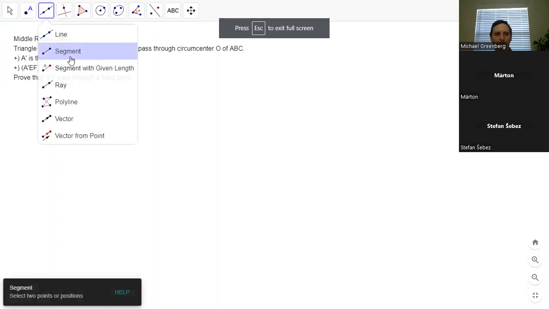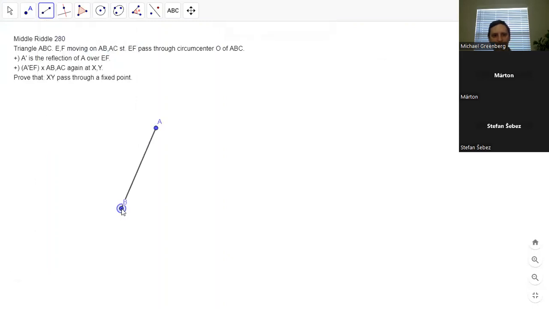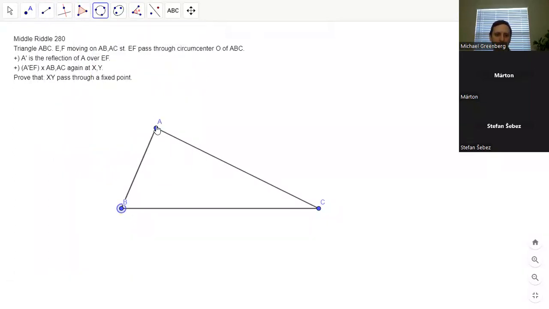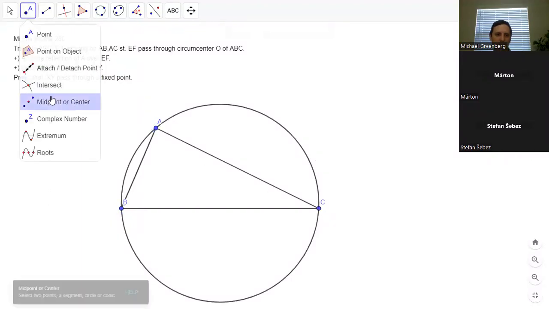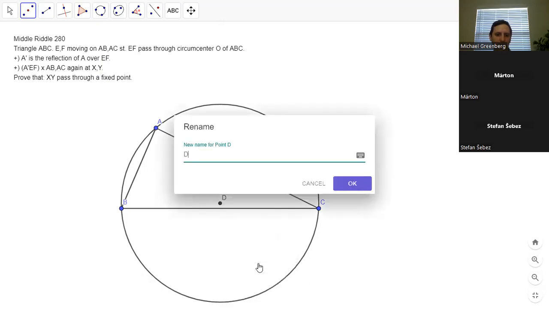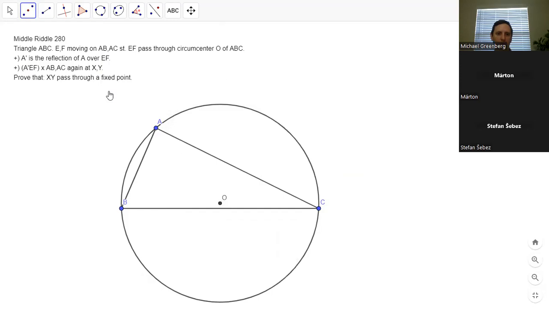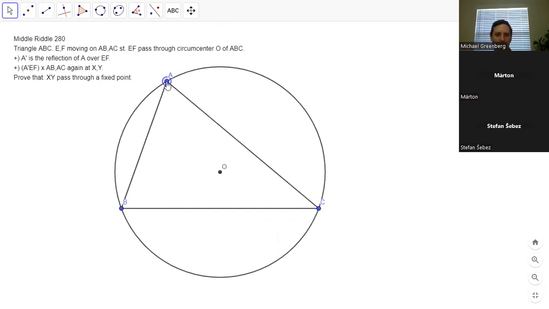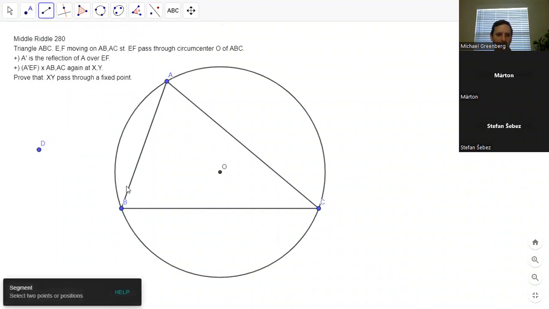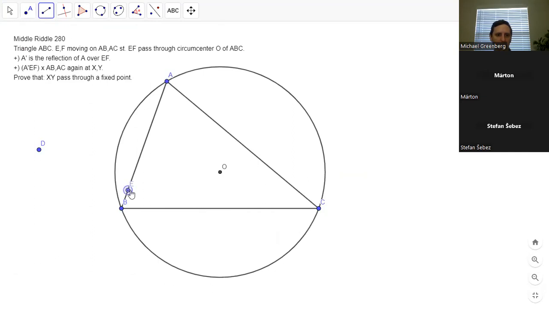So we have a triangle ABC. And E and F are on AB and AC, so that EF passes through the circumcenter of ABC. All right. So this is O. Let's make it a taller triangle. So that E, well, we have to draw a ray.